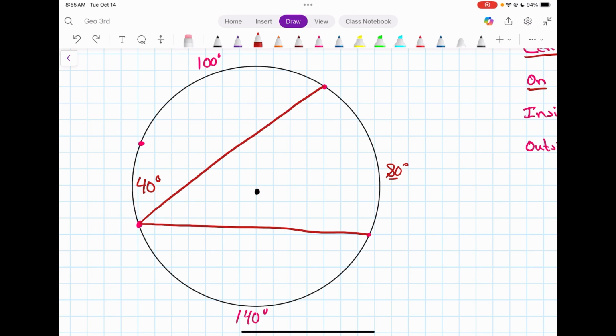Since the arc is 80, the angle will be 40. Let's draw one more of these just to show you something. If I draw this, notice the exact same arc is inside of that angle's mouth, so it would also be a 40-degree angle.